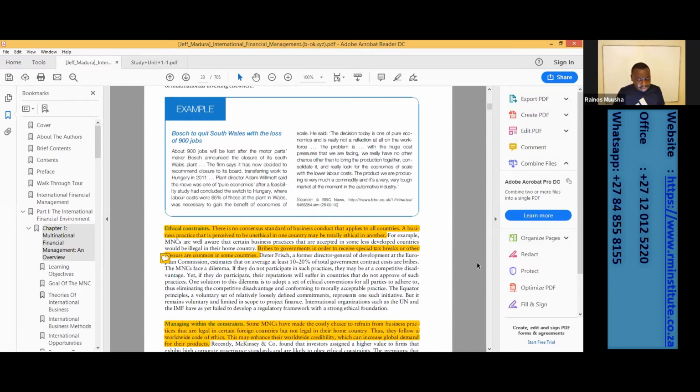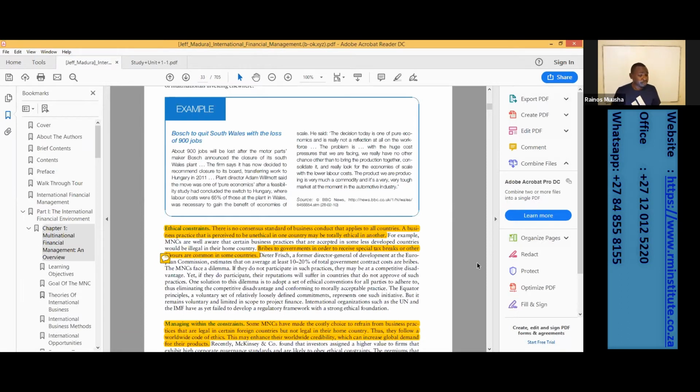So you see that because the company is operating in different environments and different countries, they also have to take into account ethical constraints. And usually, although different economies have different ethical issues, nowadays there are professional bodies that try to standardize the code of conduct when it comes to ethics.